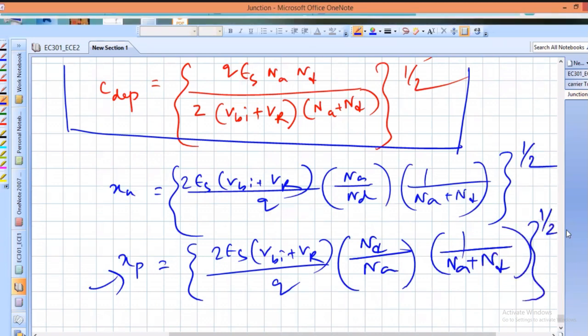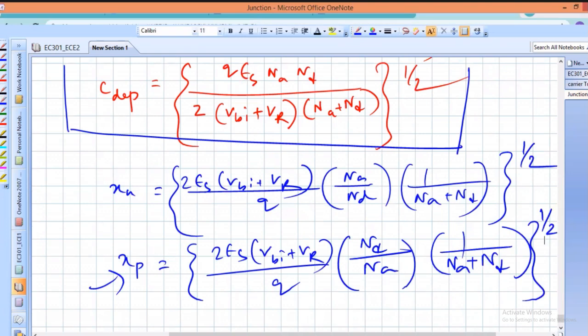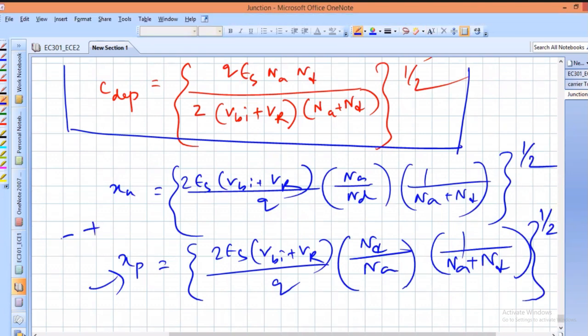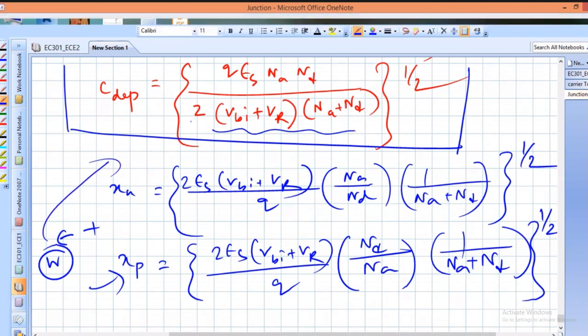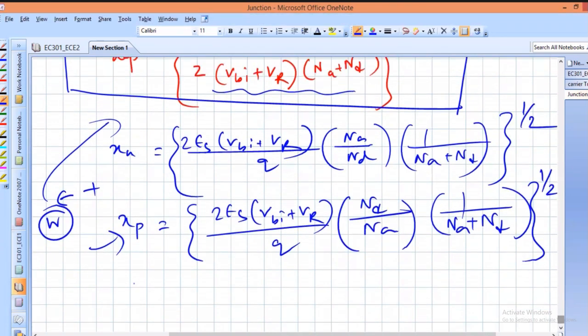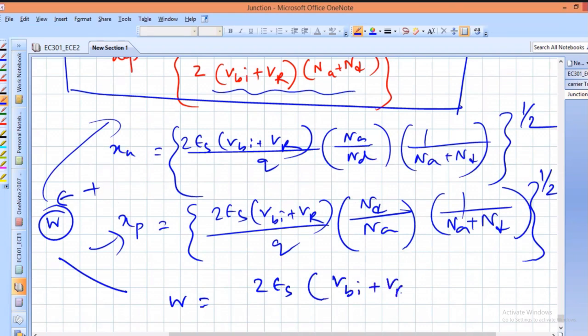You will see that xn plus xp is what? Xn plus xp is W. W is equal to square root of 2 epsilon s (Vbi plus VR) divided by q, (Na plus Nd) by Na Nd.